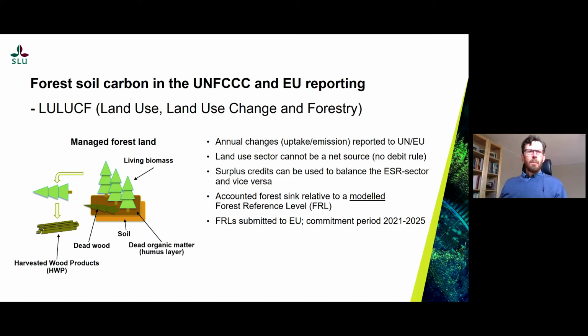In the reporting, this sector as a whole cannot be a source. That is a commitment. And any surplus credits that are generated can be transferred to different parts of the reporting, to the effort sharing regulation sector, and vice versa.